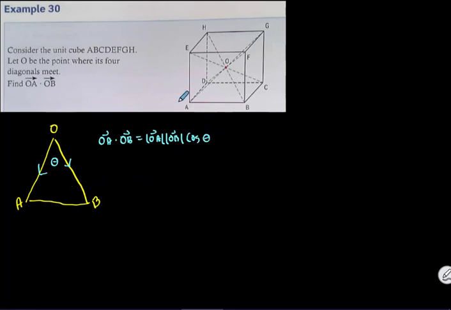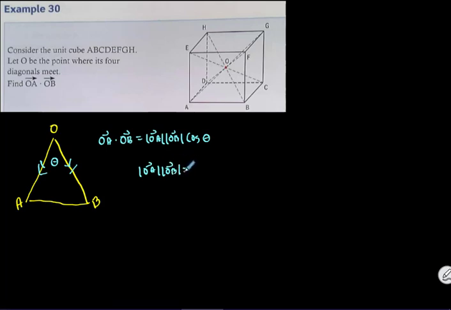Now, the first thing we want to look at is we've got to figure out the length OA, or the magnitude OA. It's hard to see, but this is going to end up being an isosceles triangle, right? So we know that OA and OB are going to be the same length. So the magnitude OA is equal to the magnitude OB.